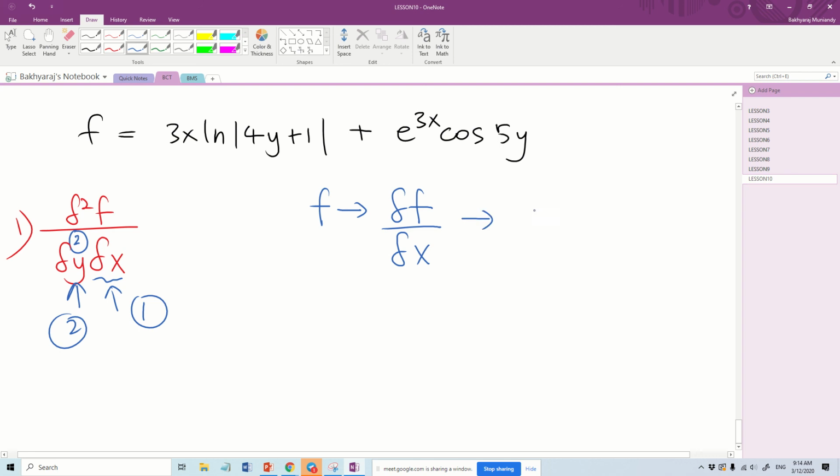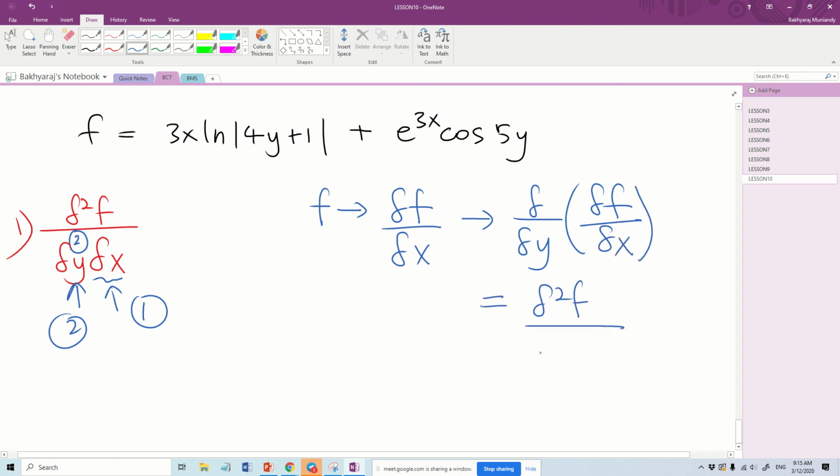Then only you can go for delta y of delta f over delta x, which gives you delta square f over delta y delta x. Okay, there is some modification in the formula, so you really need to be very sure about this, the second order.